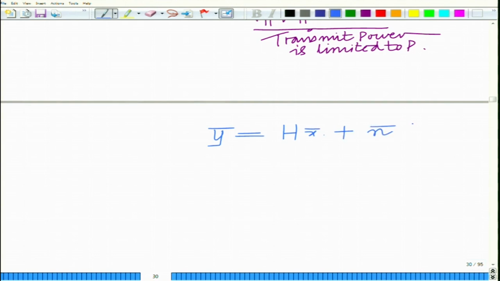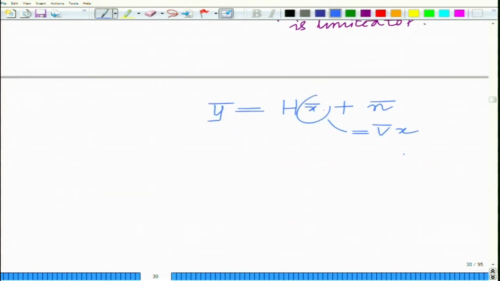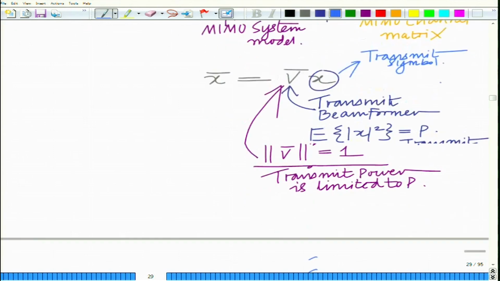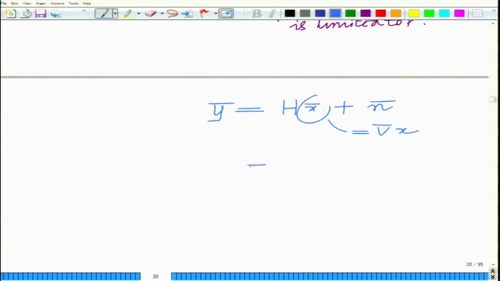Here we want to substitute x bar equals V bar times x, where V bar is the transmit beamformer and x is the transmit symbol. Therefore this is going to be H times V bar x plus n bar. All I am doing is substituting x bar equals V bar times x. So this is y bar.